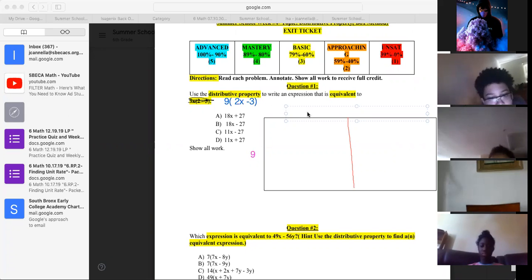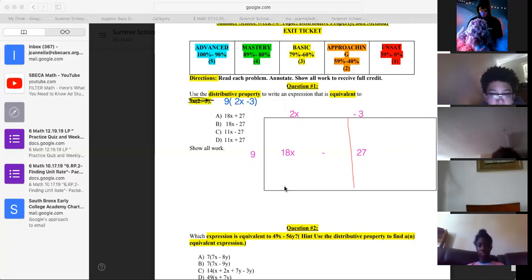And then you have to put the -3. And then you have to multiply 9 times 2x. It will give you 18x. And then 9 times 3 gives you -27. So 18x minus 27.